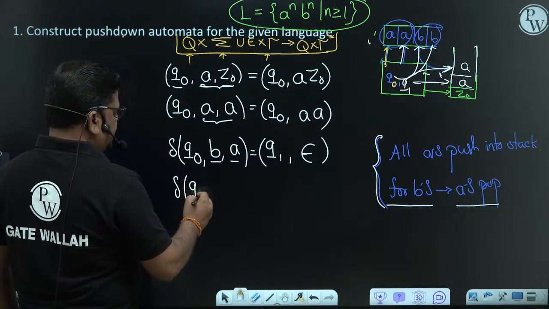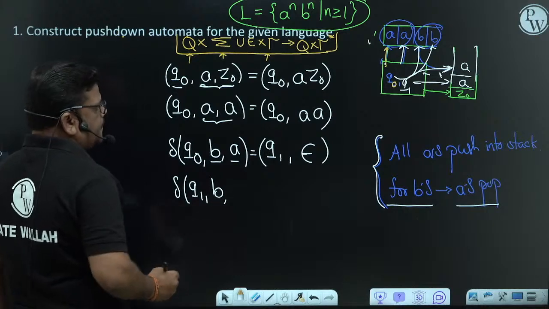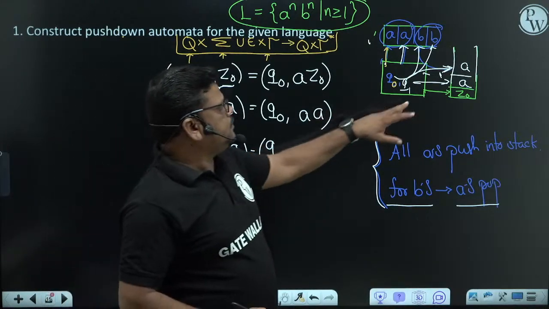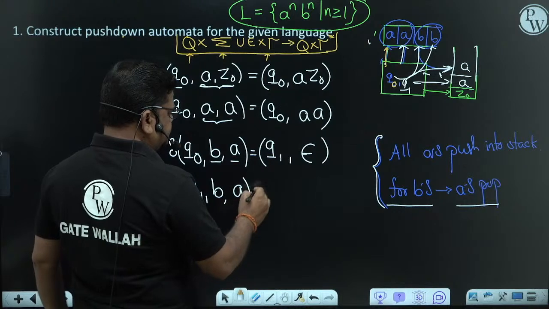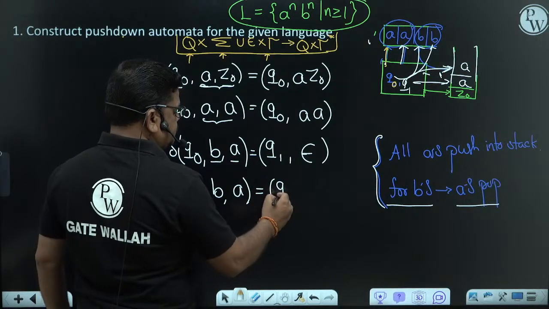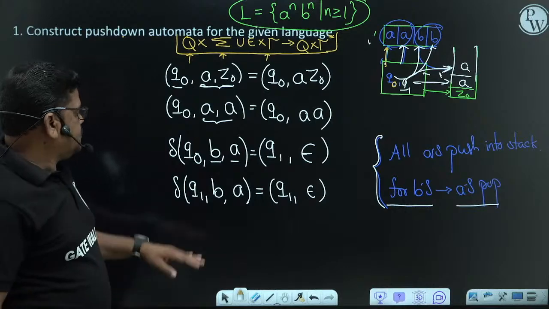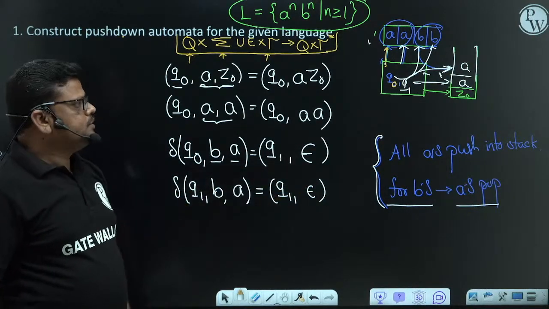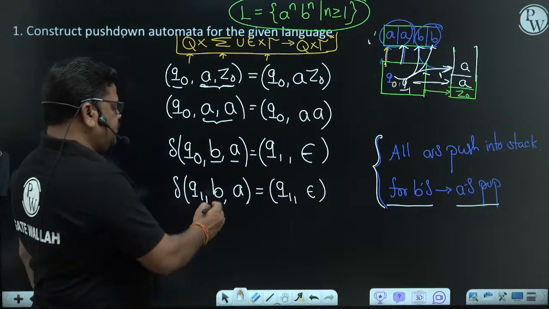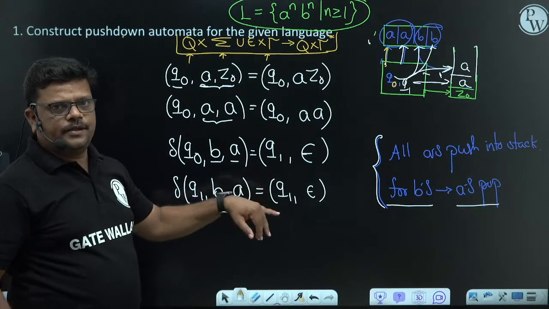Then we are in state Q1, reading symbol is B, top of the stack is A, pop that. So like this, for every 1B, 1A pop, 1B, 1A pop, by staying in the same state. So the loop is going on.